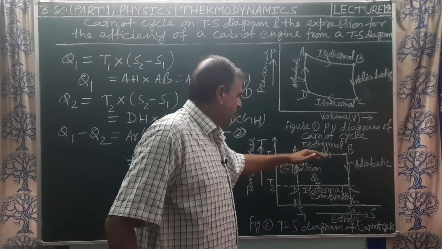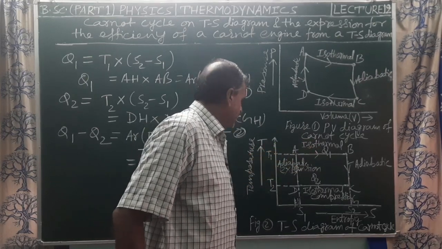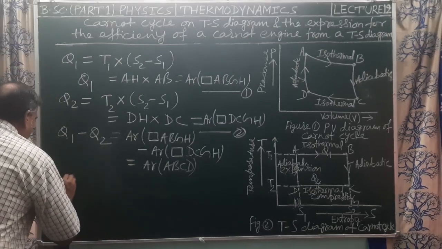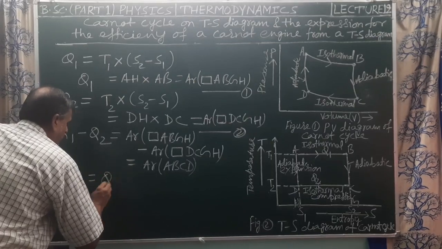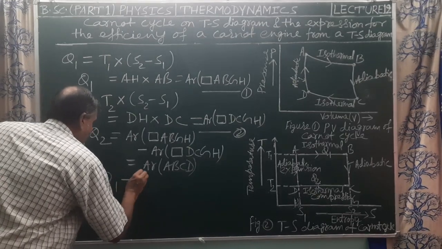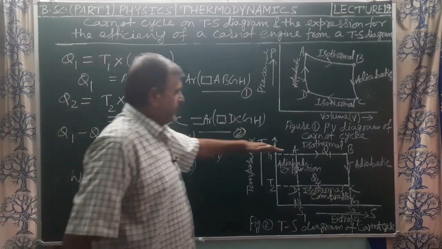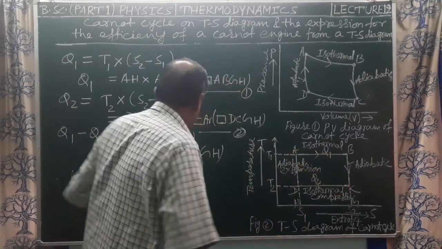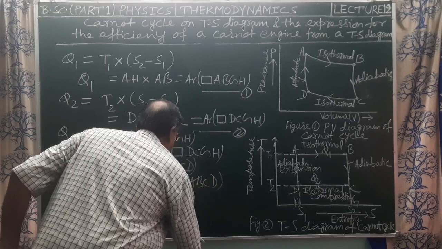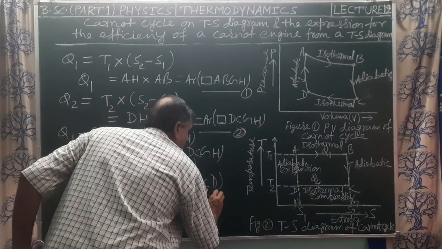In this isothermal process, Q1 is the heat taken by the system from the heat source. So Q1 minus Q2 is equal to work done. W is the work done by the ideal gas in one complete cycle. W is equal to Q1 minus Q2, and it is equal to the area ABCD, the area of the rectangle, length into breadth, that is AB multiplied by BC.